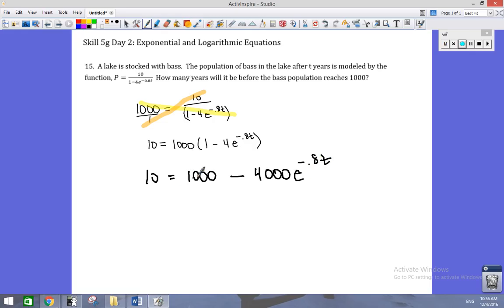Now on the right-hand side I have two terms. The term of interest that I want to get by itself is this one, so let's subtract 1,000 from each side. Positive 10 minus 1,000 is negative 990.